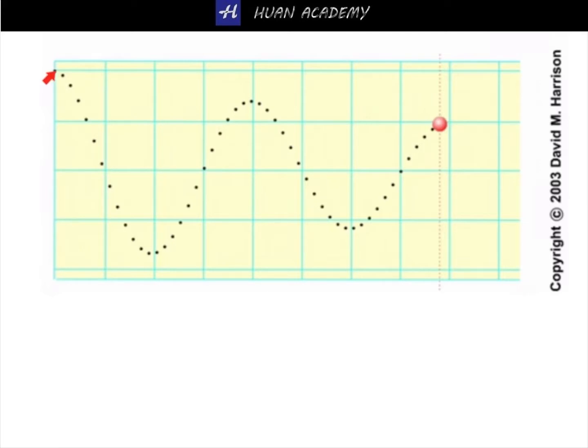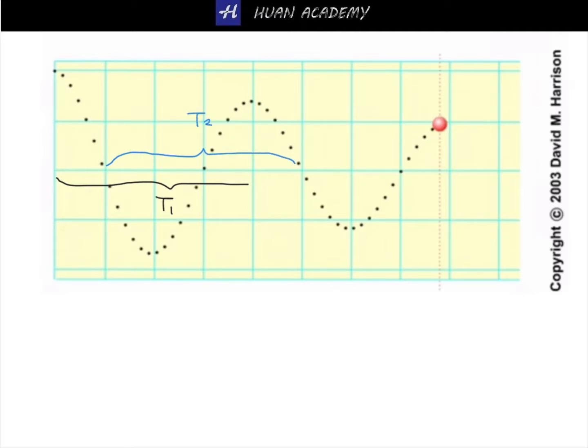The period should start from here towards here. So from here to here, I can indicate as T1. And also, I can take the period from here to here. Let me name it as T2.